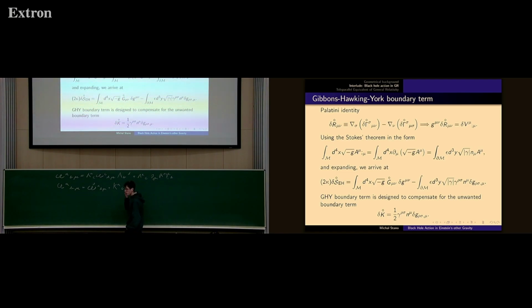And since we want to have a consistent variational principle, we somehow need to compensate for this unwanted term, and the way it is usually done, we add this term, which has precisely the same structure as this unwanted term. However, it is with an opposite sign, which precisely cancels out this unwanted term.